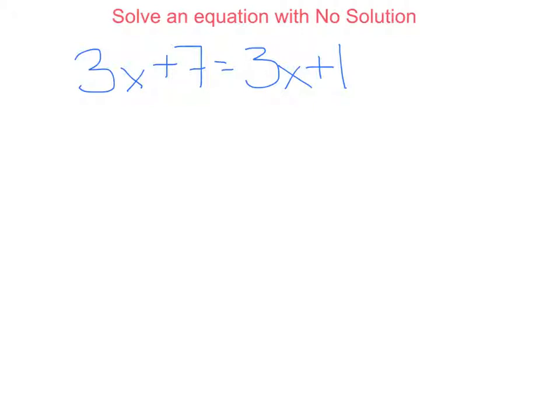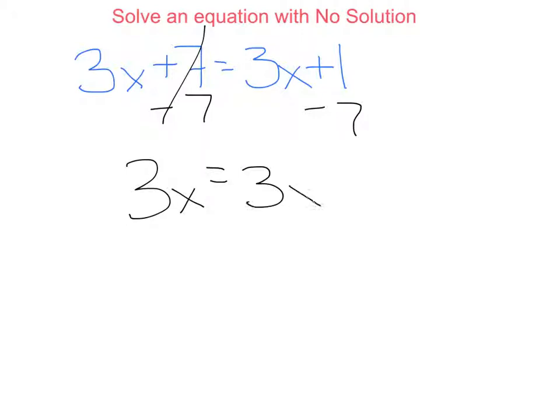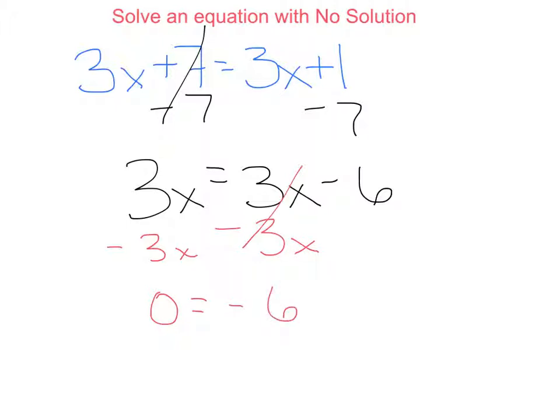Let's take a look at this example of an equation with no solution. If you're trying to solve this equation and you want to get it set equal to 0, you would begin by subtracting 7 from both sides. So we have 3x equals 3x minus 6. But then if you subtract the 3x to get our 0, we have 0 is -6.